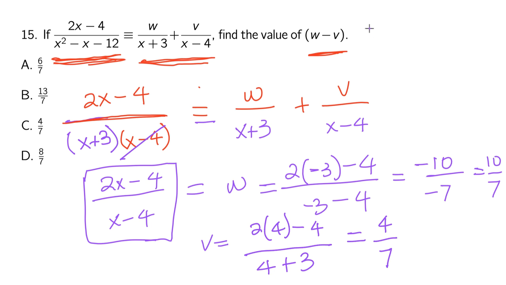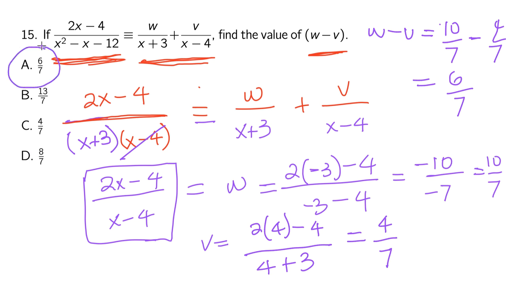So w minus v will become equal to 10 over 7 minus 4 over 7, and that's equal to 6 over 7. So our answer is A. This method I've used is called the cover-up method, and it's a well-known method for solving partial fractions when you have linear factors that are distinct. I'm going to cover it in another video just so it's clearer.